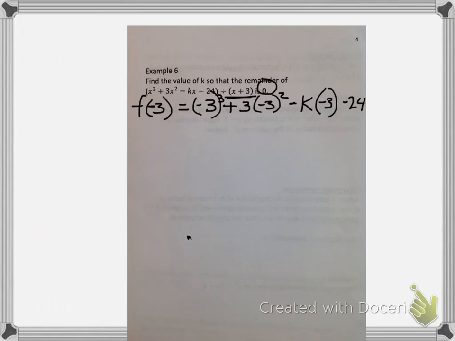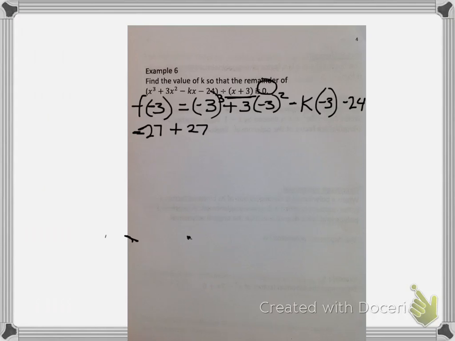So negative 3 to the third power is negative 27. And then negative 3 squared is 9, and 3 times 9 is 27. Negative 27 plus 27.